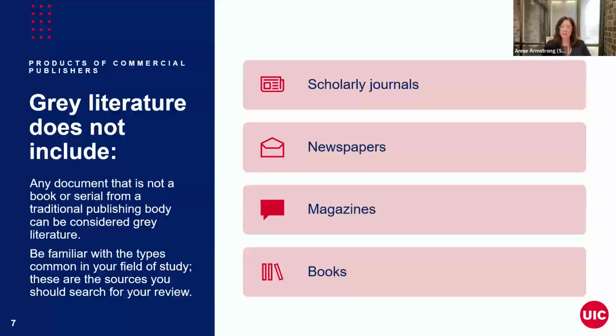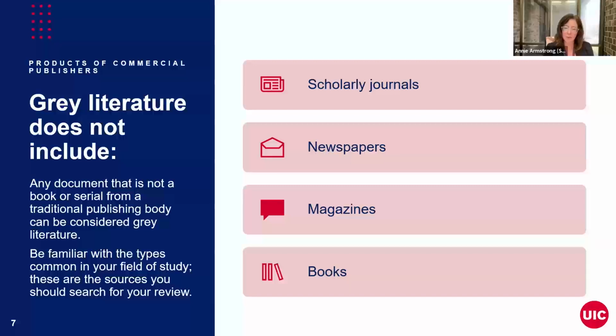So we also just wanted to distinguish gray literature from what is not gray. These are some of the more traditional published formats of literature: scholarly journals, AKA peer-reviewed or academic journals, newspapers, magazines, whether from popular magazines or trade journals.